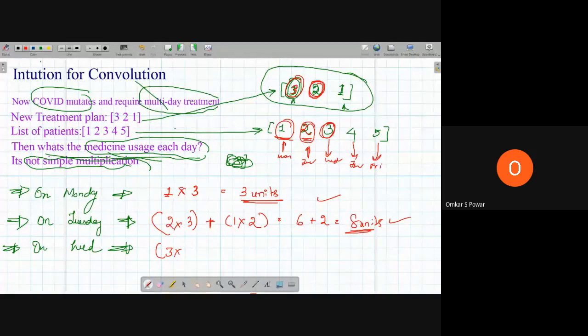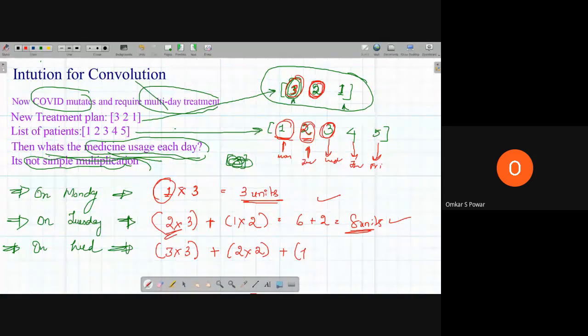How many units of vaccine will they take? 3 units each. Plus the previous 2 patients have to come, and they have to take 2 units. Then the first person has to come and again take the remaining 1 unit on the last day. So it will be 9 plus 4 plus 1, so it will be 14.